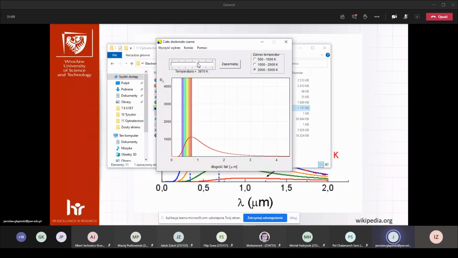This is what we have during the day, and this is what we have during the sunset. Of course, it is not because the sun changes the temperature, but our Earth is moving, so changing our atmosphere. Yeah, so this is why.